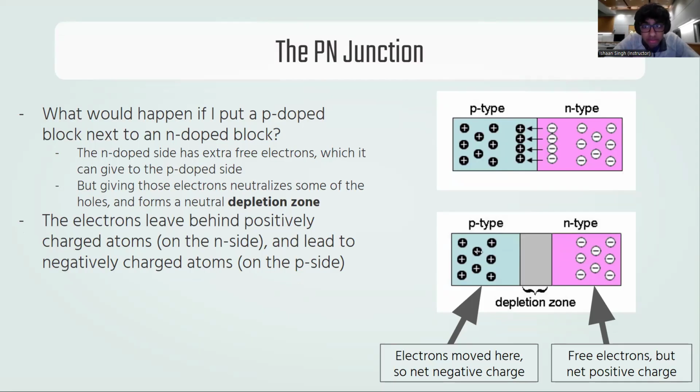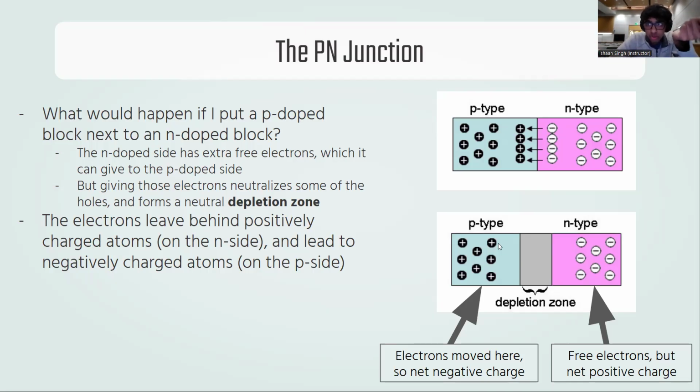And since we've lost some of the pluses on the P side, we've accumulated a real, very true negative charge. Okay? That's kind of counterintuitive, right? So we call it N side, but actually, once the charges leave it, we're left with the positively charged material. And we call it P side, but once the positive charges leave it to go to the depletion zone, we're left with a negatively charged material.